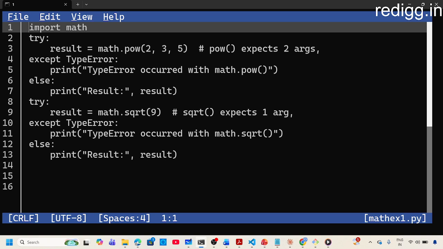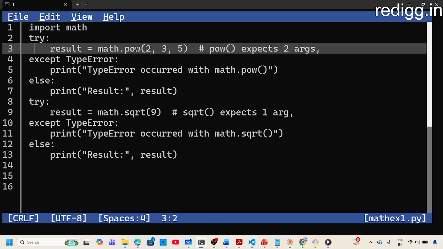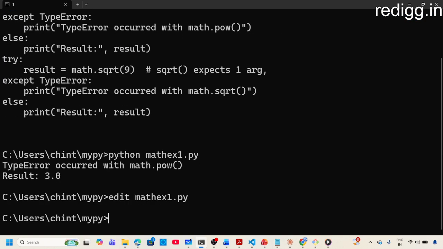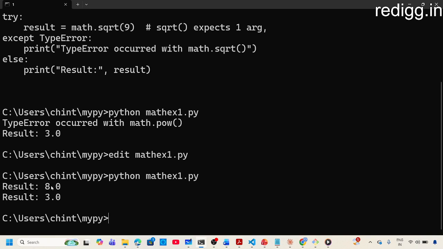I'll correct it, so let's say 2 to the power 3, save it, exit, and run it again. This time it gave the correct result: 2 to the power of 3, so 2 into 2 into 2, which is 8, and the square root of 9, which is 3.